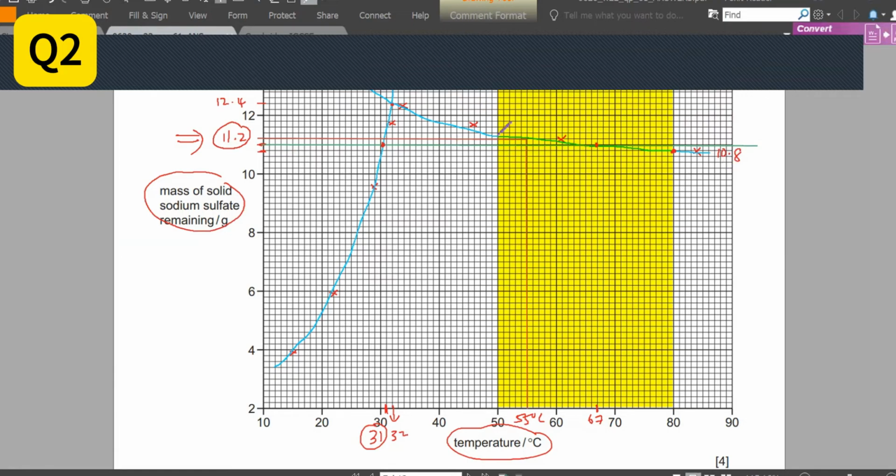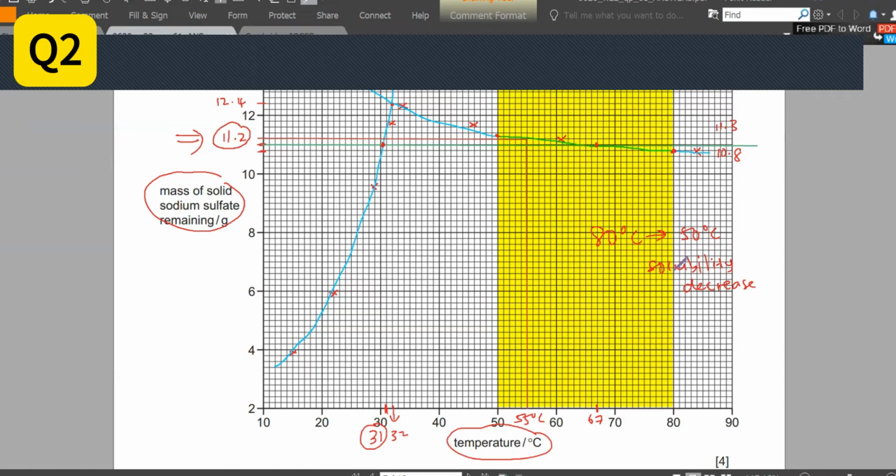At 50 it is around here, which is 11.3. So we can see that going from 80 degrees Celsius to 50 degrees Celsius, the solubility increases.